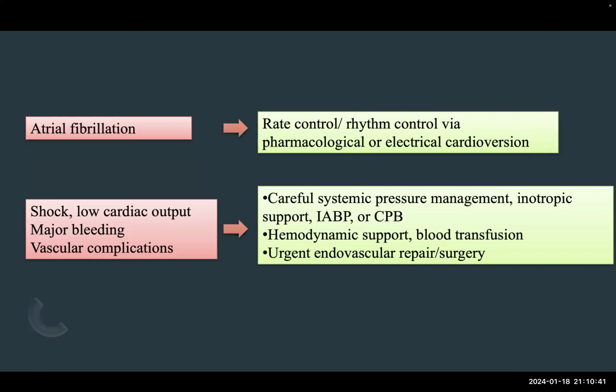And believe it or not, this is what I think, and don't quote me. I think the number one cause of death after TAVI is vascular complication. It is not annular rupture, not coronary occlusion, not complete heart block, not shock, not stroke.